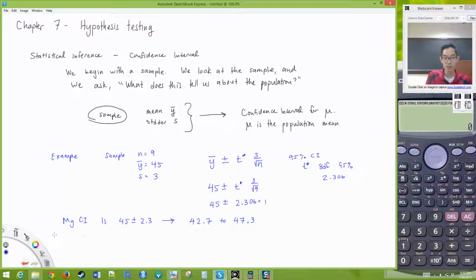So this should all be review. I am 95% confident that mu is between 42.7 and 47.3. Okay, and so now someone can ask, well, do we have evidence that mu is not 48?